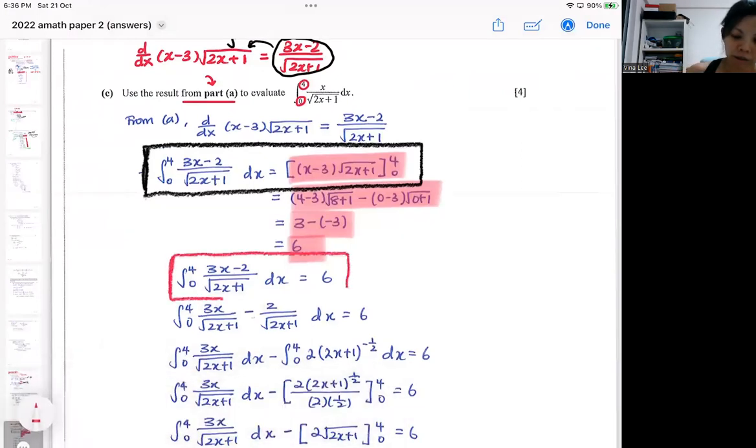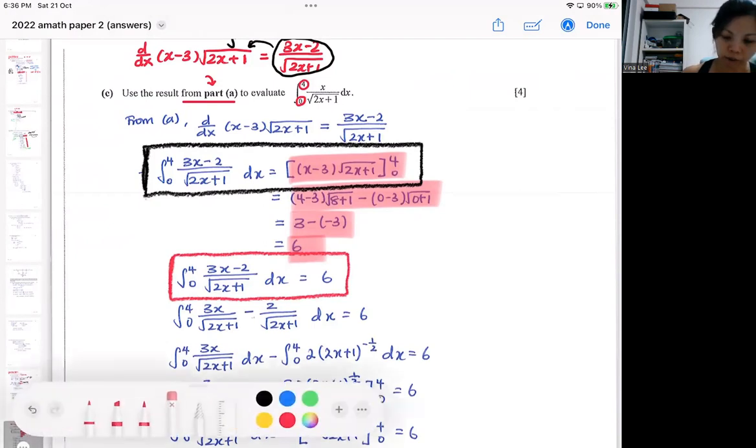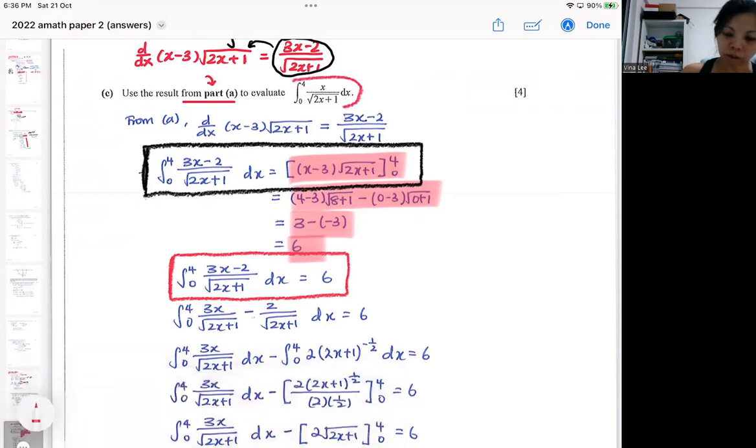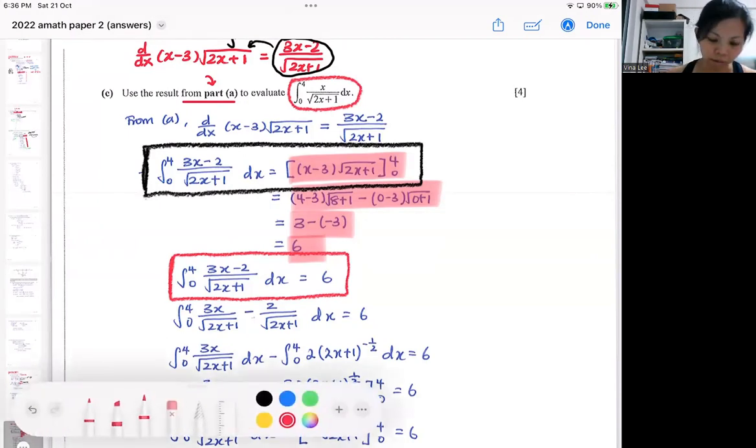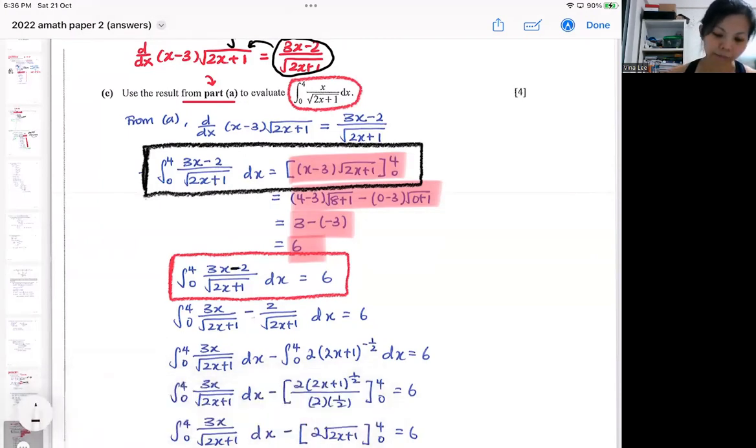And from here, my objective is to get what the question wants. So you need to compare what you already have with what the question wants. You realize that there is a numerator that you can split. So I'm not touching the 6 anymore.